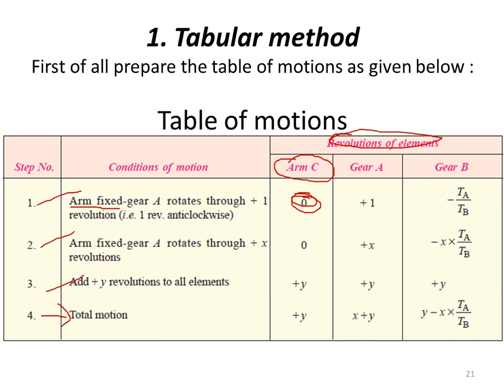Then gear A rotates through +1 revolution, that is 1 revolution anti-clockwise. Here also the step will be the same. So that is the next gear which is corresponding to that arm. That gear will have +1 revolution.